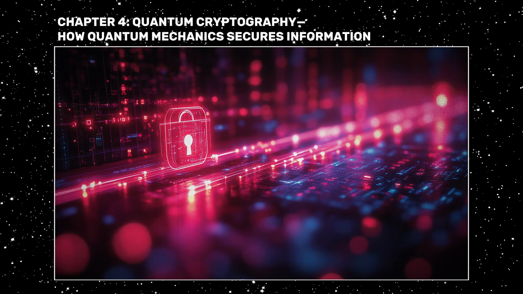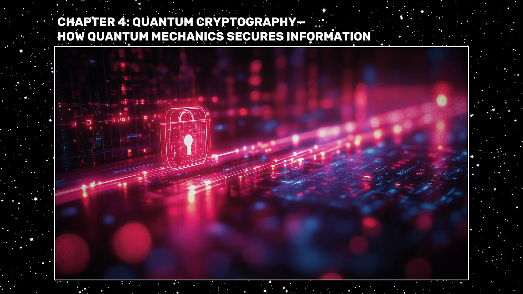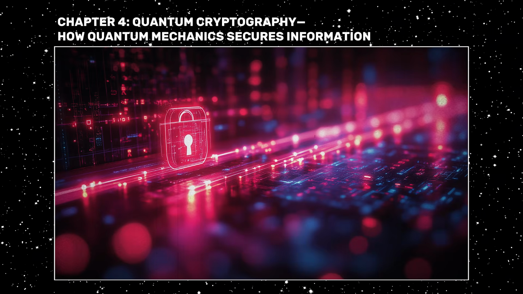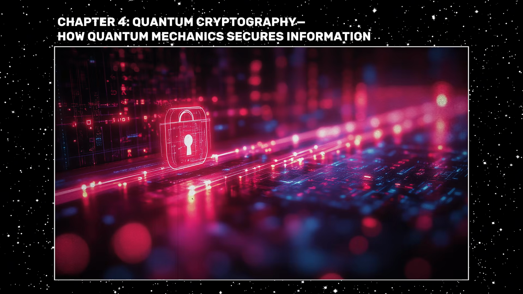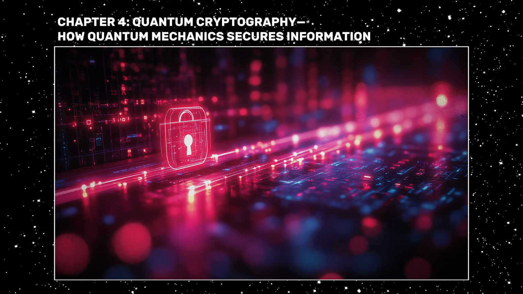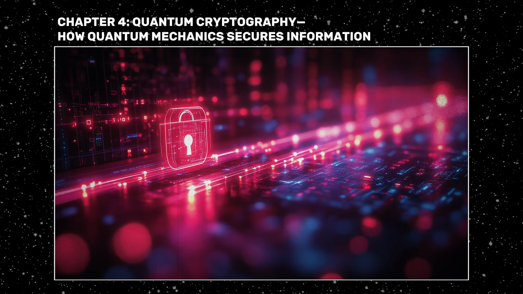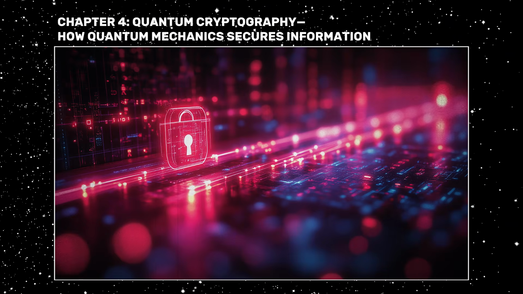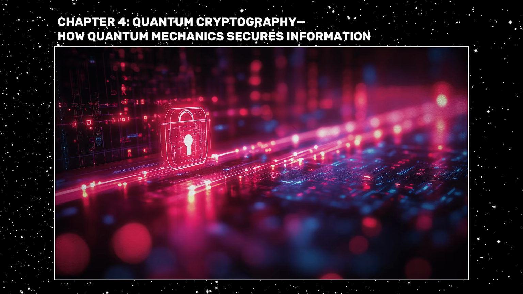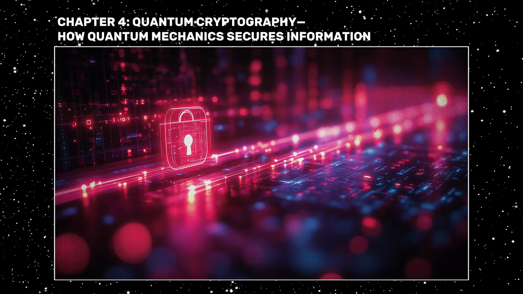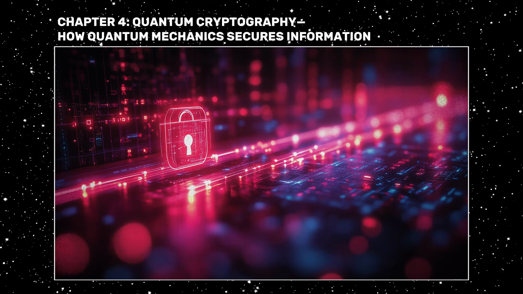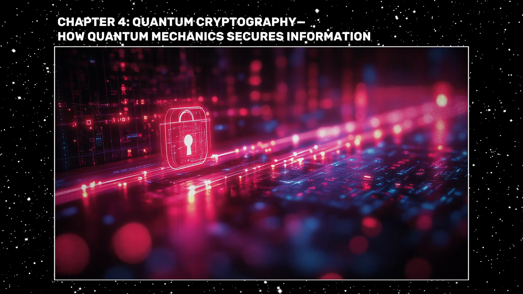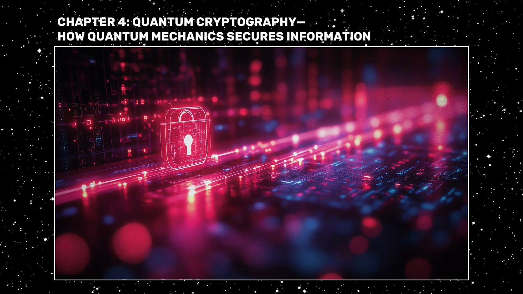Emerging protocols extend quantum cryptography beyond key distribution, encompassing quantum digital signatures, quantum secret sharing, and quantum secure direct communication. Quantum digital signatures encode authenticity information in quantum states, enabling recipients to verify the source and integrity of messages without trusting classical signature schemes.